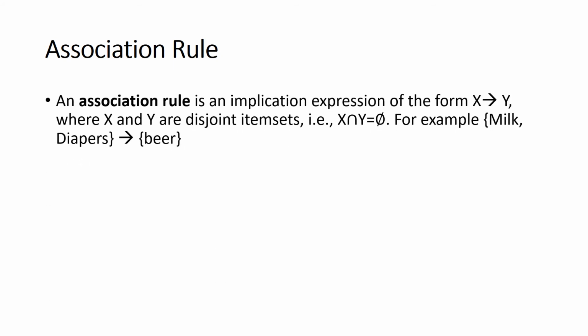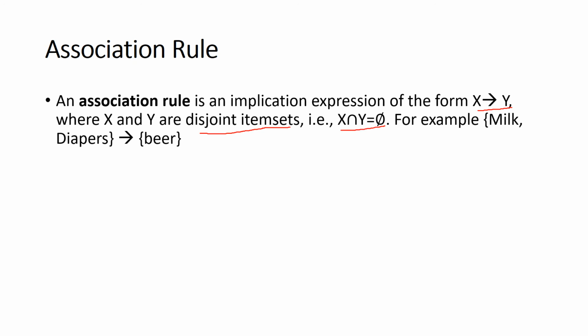Having understood what is support count, now let us try to understand what is an association rule. An association rule is an implication expression of the form X to Y where X and Y are disjoint item sets, which means X intersection Y is phi.